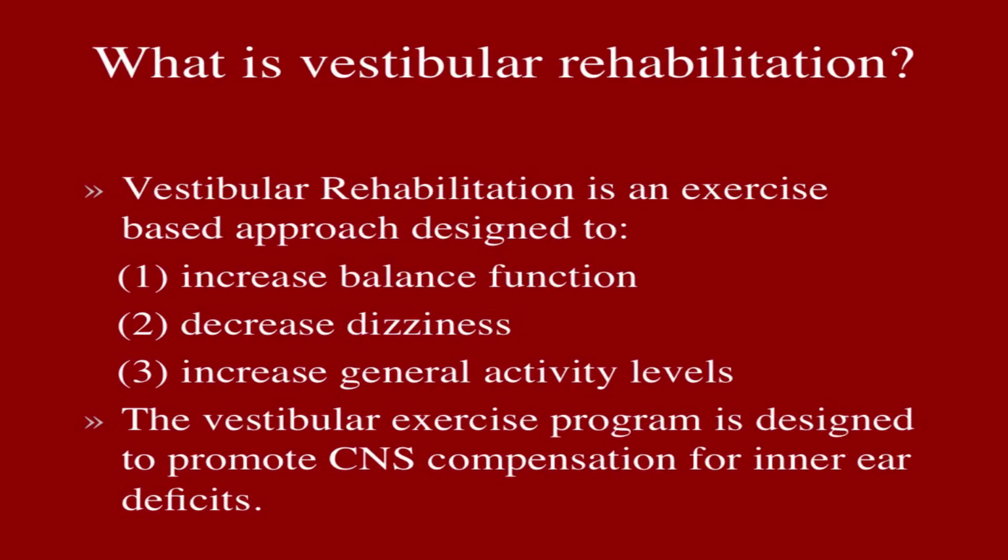So if you had an issue, say my ototoxicity example, where the inner ear was sort of poisoned and it's just not working anymore, there's no way to bring that back if that happened. So what we would do is we would use a lot of strategies to help the central nervous system figure out ways around that obstacle. We'd compensate, figure out little shortcuts around that.